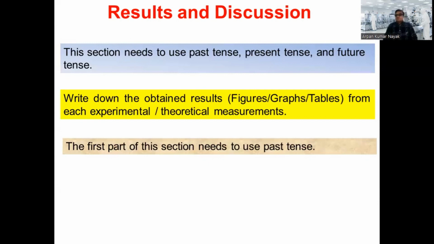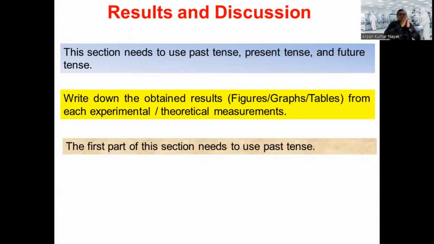Suppose you are working in the field of physics, chemistry, material science, or an engineering background, like nanotechnology or energy, and you are using X-ray diffraction. For X-ray diffraction, everybody knows that XRD is measured to understand the structural properties of a material.